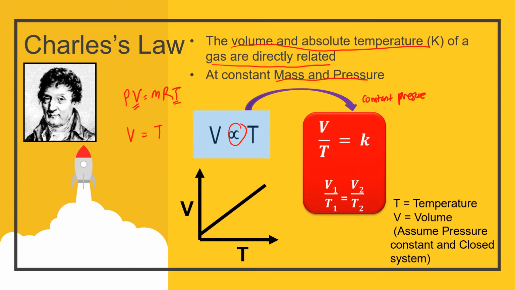You see here, if pressure is constant, we cancel out pressure, and mass too. So the relationship is V with T, right? V is proportional to T. So if we want to put it in one place, it will be V over T. Okay? So at constant pressure, V over T is equal to a constant, which is a value of k. And then we will get V1 over T1 is equal to V2 over T2.